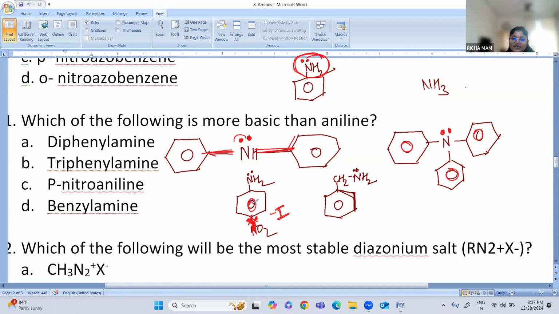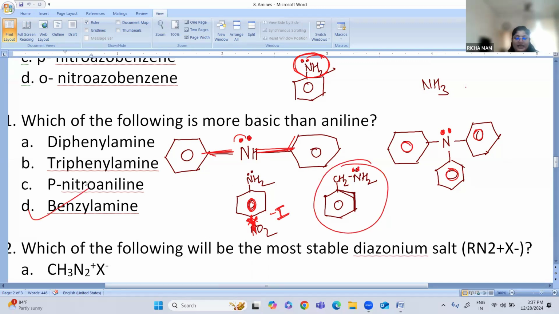So electron density will be less. Again, here also the lone pair of electrons are involved in conjugation. Here there is no conjugation. So these electrons are easily available for donation.